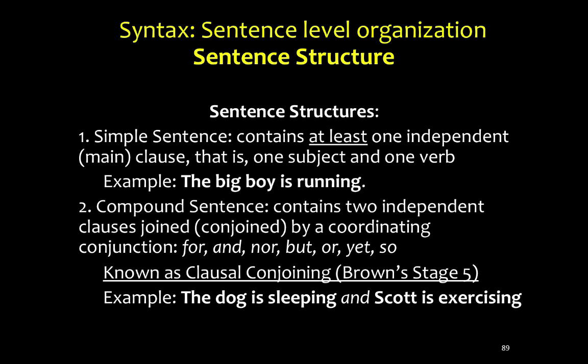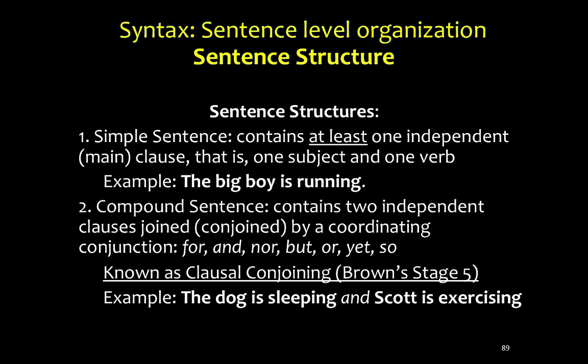It's a complete thought, such as the big boy is running. Then there's a compound sentence structure, and this sentence structure contains at least 2 independent clauses that are joined or conjoined by a coordinating conjunction, such as for, and, nor, but, or, yet, so. So in this example, the dog is sleeping and Scott is exercising.